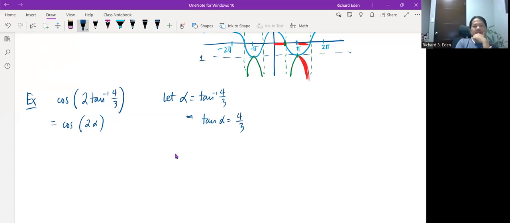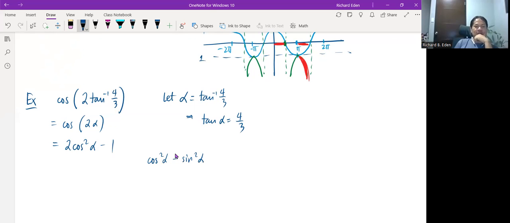Okay. So, we're interested ultimately in the value of cosine 2 alpha. There are various expressions for this. One is 2 cosine squared alpha minus 1. Of course, you also have cosine squared alpha minus sine squared alpha.